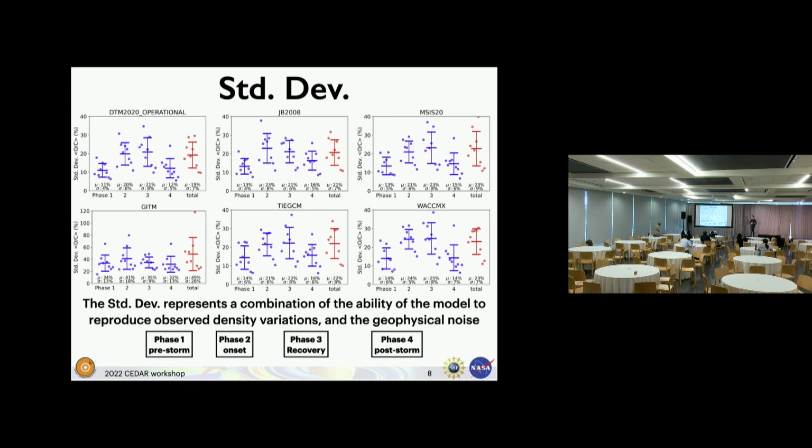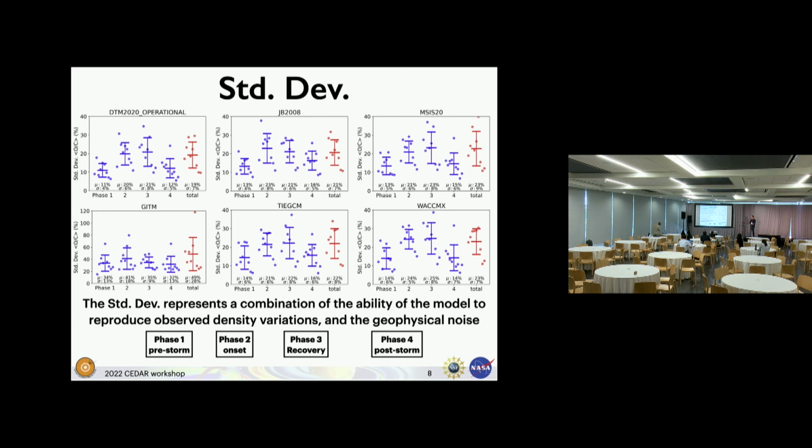The standard deviation represents a combination of the ability of the model to reproduce the observed density variations and the geophysical noise. One thing I need to mention is that I use a different y-axis scale for GITM because GITM, at least in the nine cases, performs much worse than the other models.